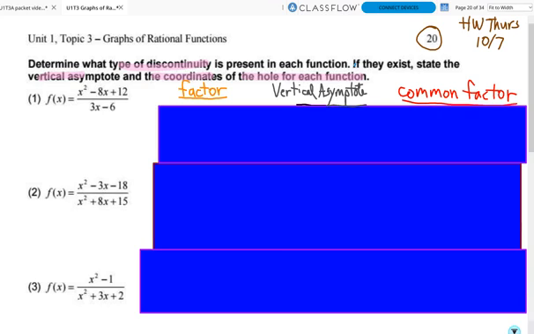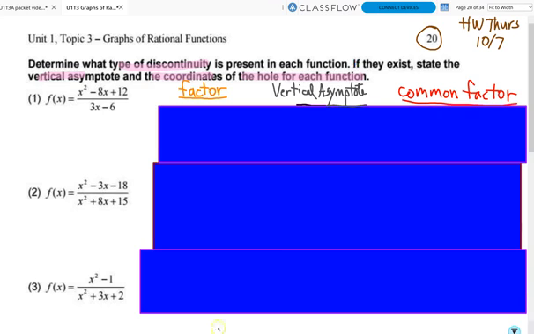For this one, we are looking for vertical asymptotes, and if we find a common factor after factoring in the numerator and denominator, then we are also looking for hole, point, or removable discontinuity.